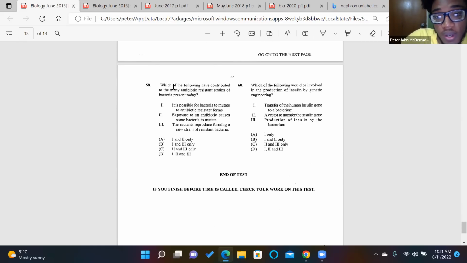Let's continue. Which of the following have contributed to the many antibiotic resistant strains of bacteria present today? What do we think about 59?